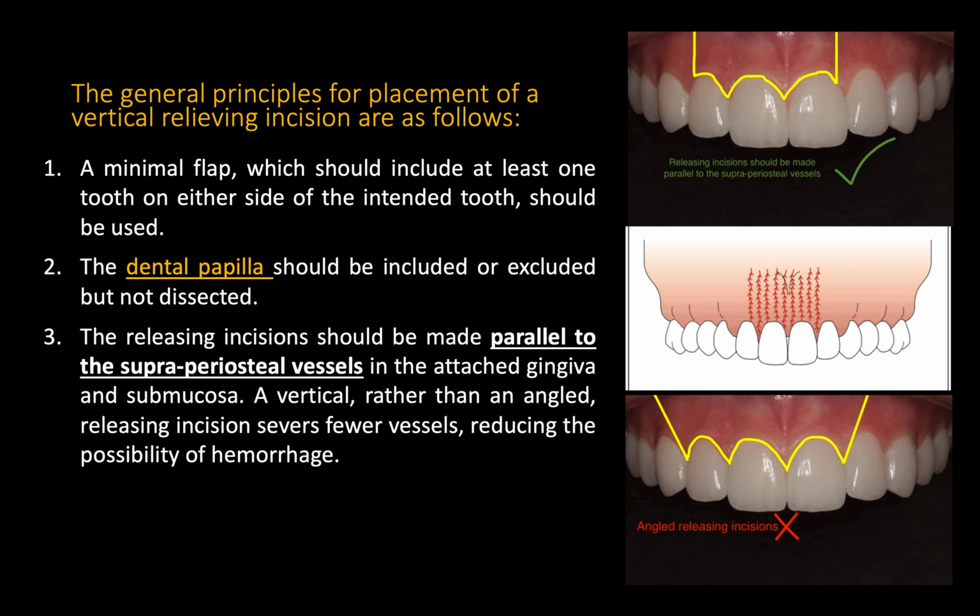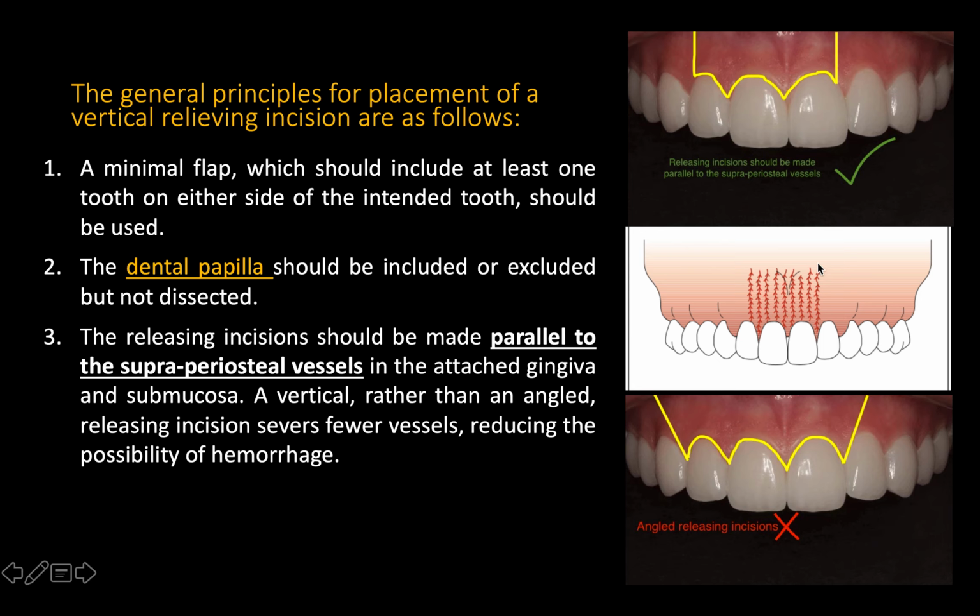The third principle is related to our vertical relieving incisions. The best vertical relieving incision should run parallel to the supraperiosteal blood vessels in the attached gingiva and the submucosa.